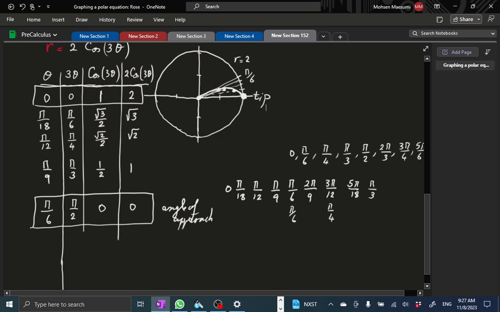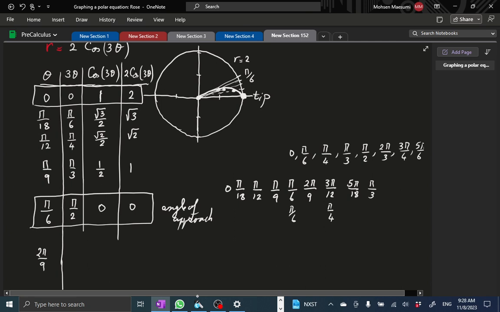So for example, what's the next point? 2 pi over 9. So what's that? 2 pi over 9 is 40 degrees. I'm somewhere here. So where's my curve? Now triple of that is 2 pi over 3. I take the cosine of it. Cosine of 2 pi over 3.